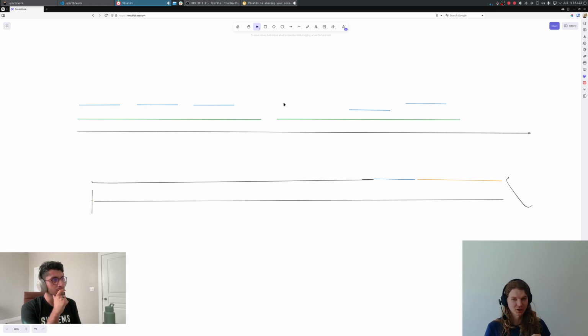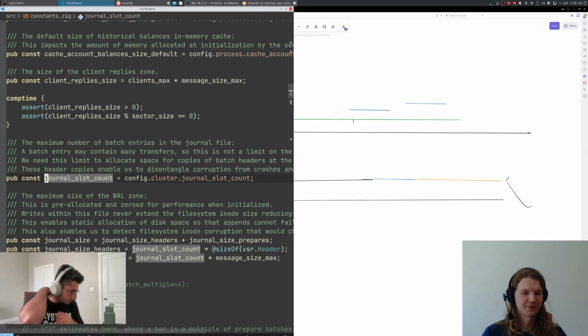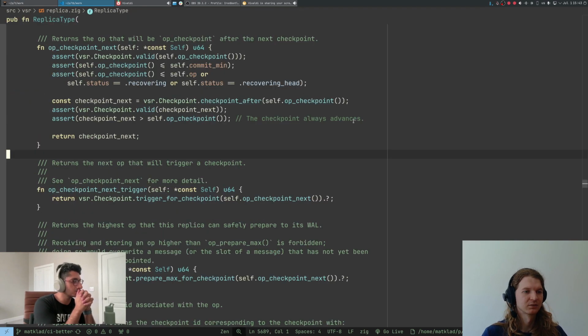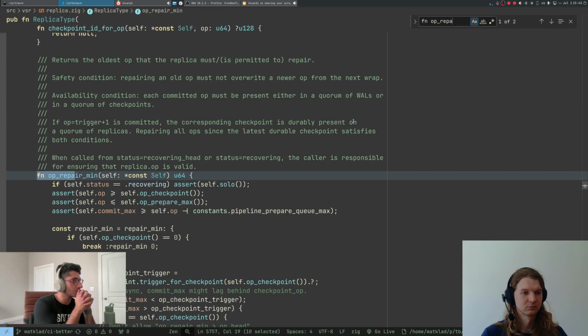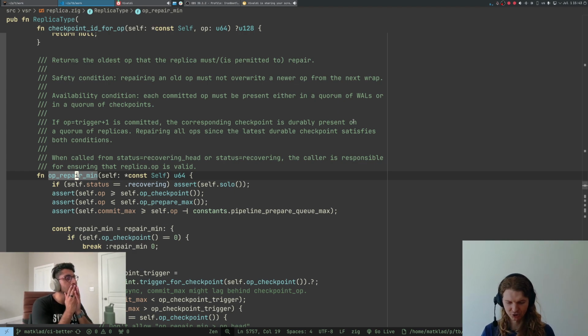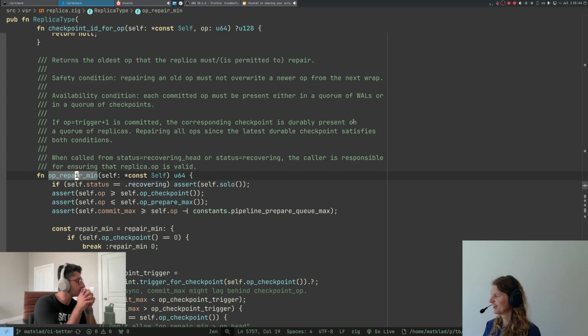And this brings us to the actual bug in question. So we have this all prepare main function, which answers the opposite question.